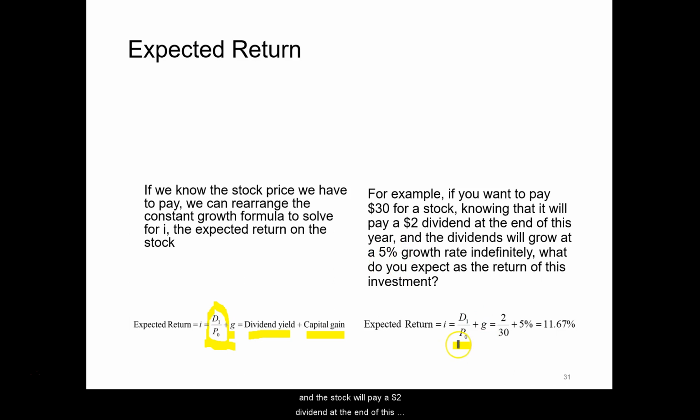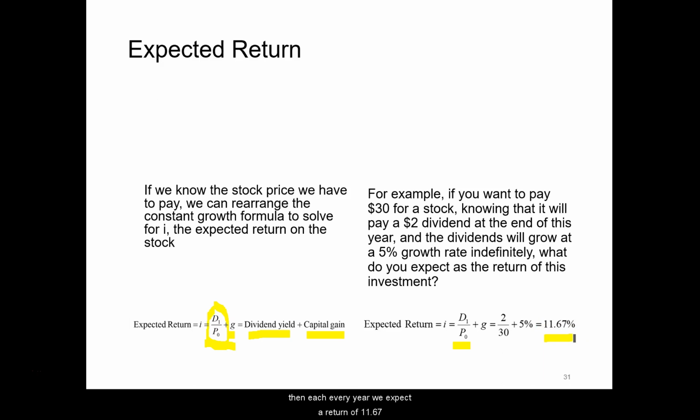So we plug those numbers into this formula. The return turns out to be about 11.67%, which tells us that if we buy this stock at $30 and hold it to receive the dividends in the future according to the 5% growth rate in the dividends, then every year we expect a return of 11.67% from this investment.